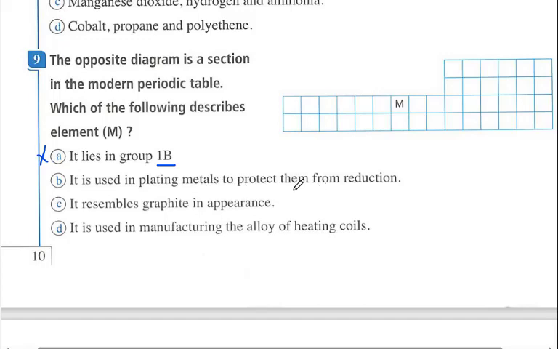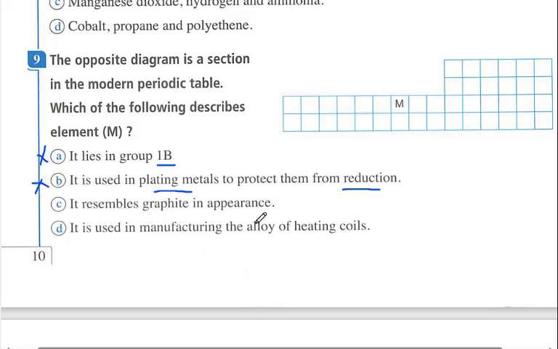If a metal is used to plate another metal, it protects the metal from oxidation, not reduction. It prevents the oxidation, which is a source of the corrosion reaction. So it is not correct.